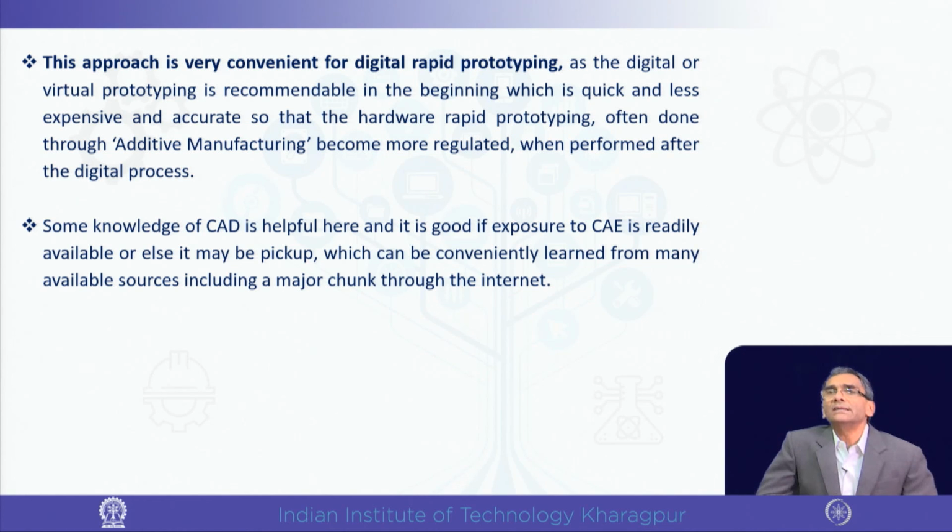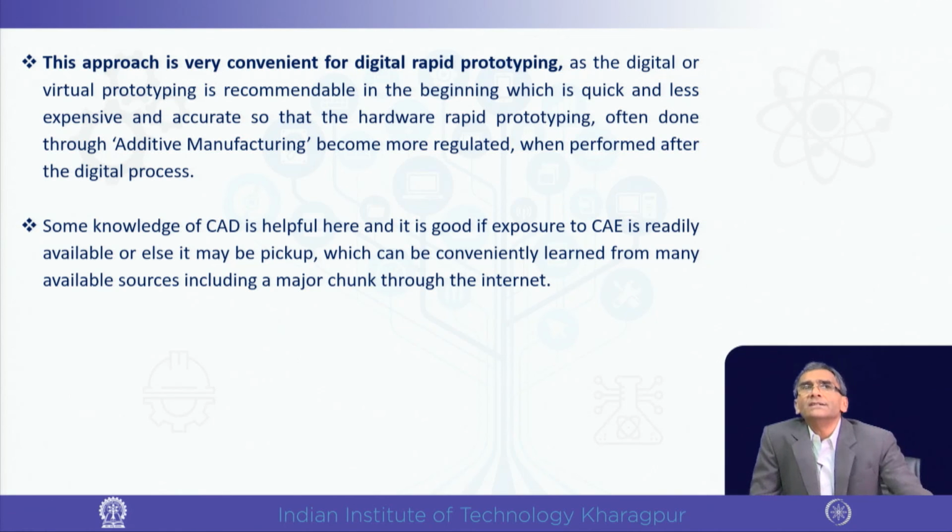One is the digital form simulation, where on screen we can see how the product is created, what is the shape, size, how it moves, how it fits with each other, and then physical assembly or component building can be made. But before that, if the simulation says that no, it is not working fine, then there is no purpose of making it through hardware, be it additive manufacturing or some other process which commonly is used.